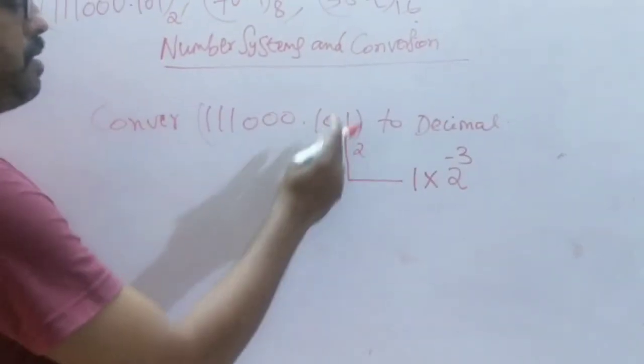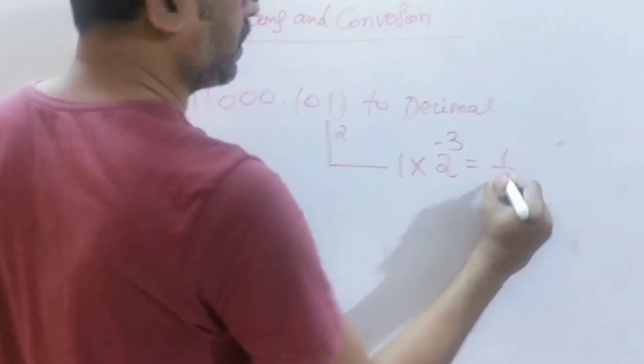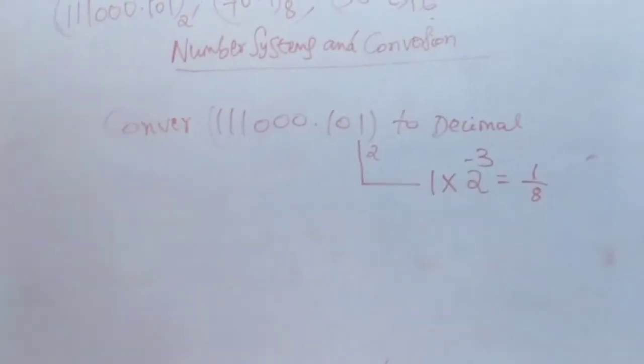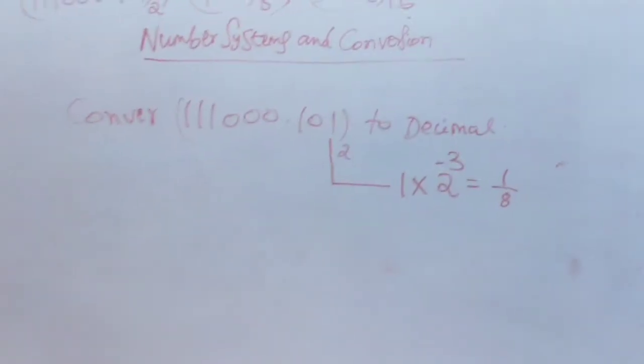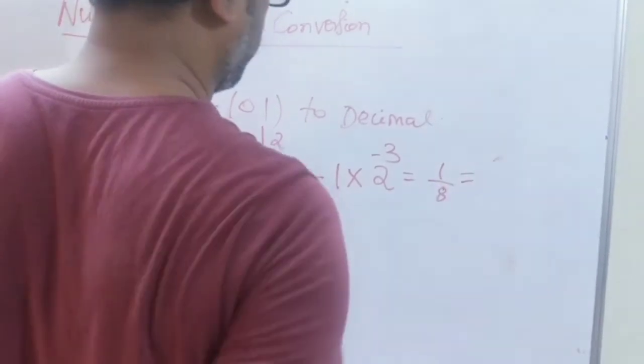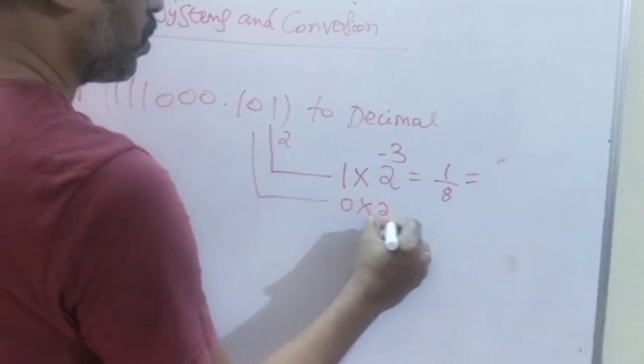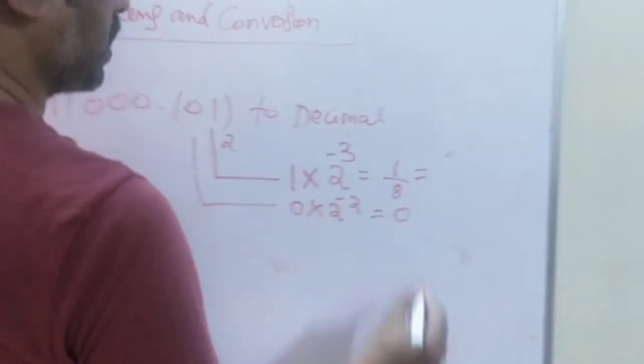What I have told, you have to multiply each digit by integral power of the base. Here the base is 2, so 1 into 2 power minus 3, that is 1 by 8, right? Then 0 into 2 power minus 2, which is nothing but 0.